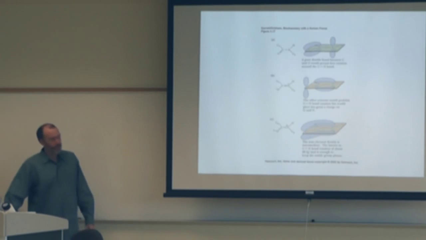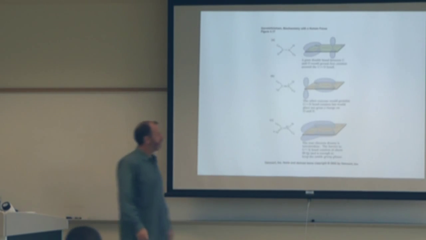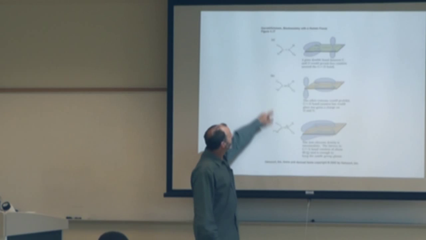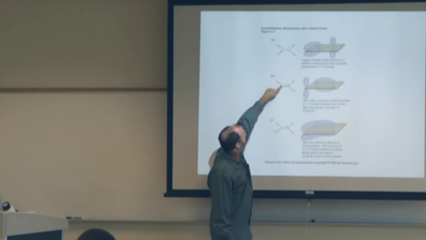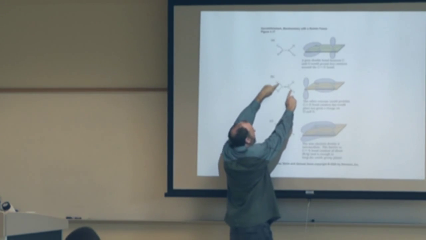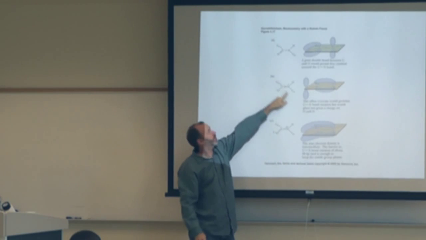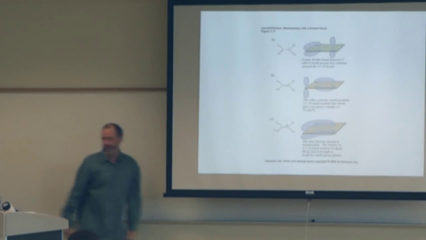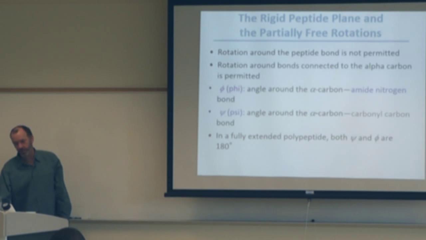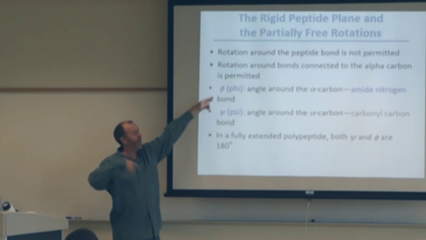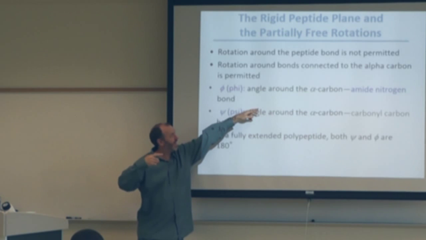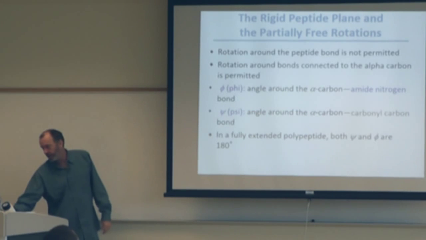But there are some other bonds that aren't quite as rigid. You have a group coming off this alpha carbon, and the bonds between the carbonyl and the alpha carbon, and between the alpha carbon and the nitrogen, are able to rotate. And we give those a certain name. So you do get rotation. The phi angle is the angle around the alpha carbon and the amide nitrogen.